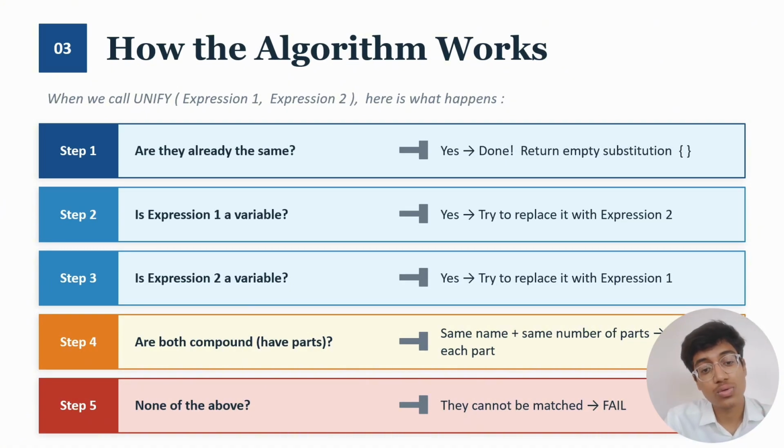Is expression 2 a variable? Yes, then try to replace it with expression 1. Are both compound, with the same name and the same number of parts, and does each part match? If none of the above applies, they cannot be matched, and it fails.